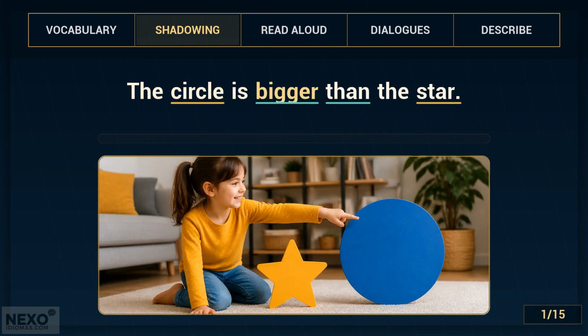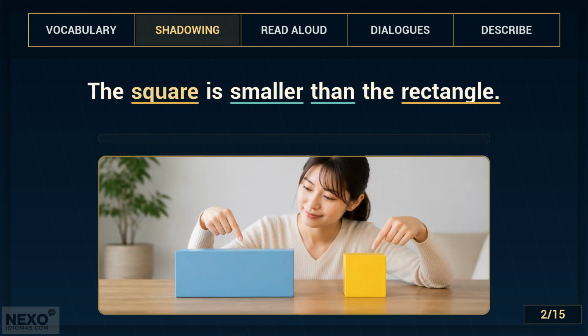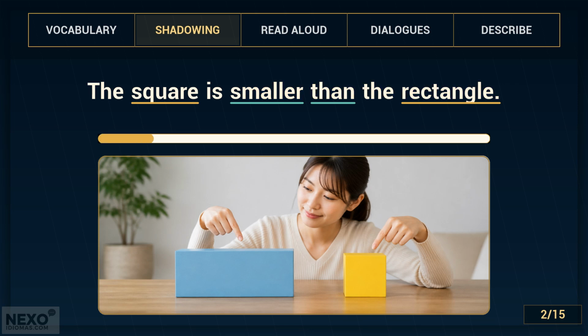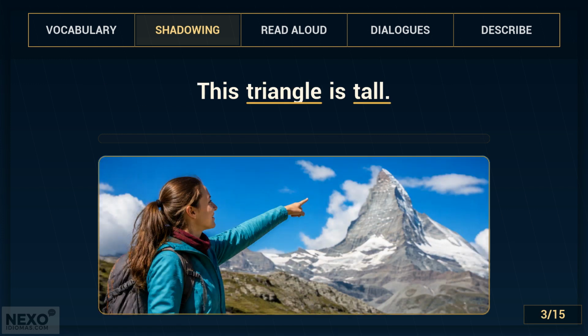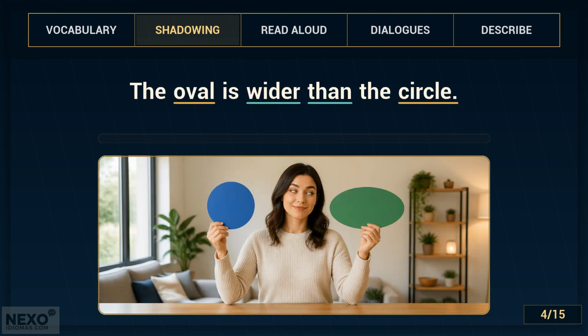The circle is bigger than the star. The square is smaller than the rectangle. This triangle is tall. The oval is wider than the circle.